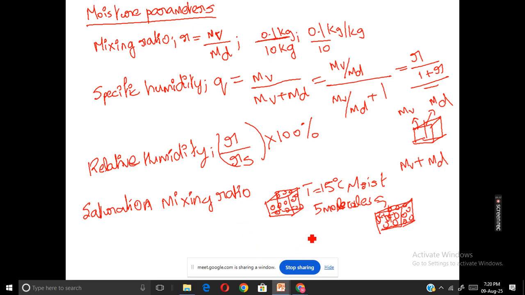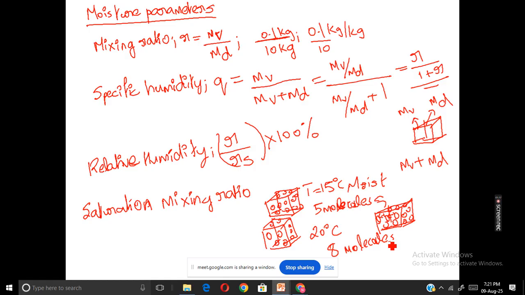Now suppose at 20 degrees Celsius the air parcel expands, so it has more space between the molecules. And the temperature increases, the air parcel expands, so now there is more space. At 20 degrees Celsius, maybe it can accommodate almost 8 molecules of water. These are just examples, don't take the numbers literally. It's just so that you get a better picture.